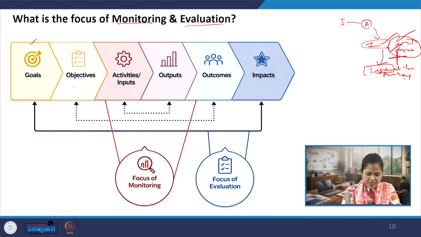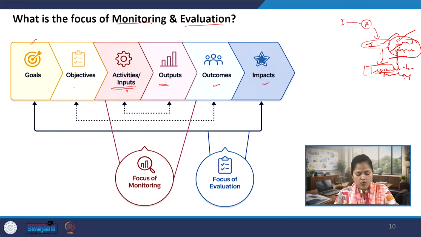For achieving these objectives, we require a set of activities or inputs. Once inputs are given, then through processes it will produce outputs in the short run, and finally, after some point of time, it will give us the results in terms of outcomes and impacts.